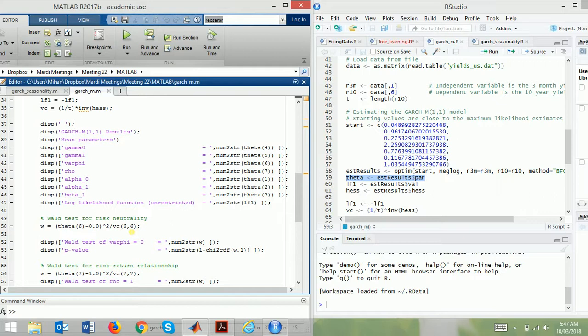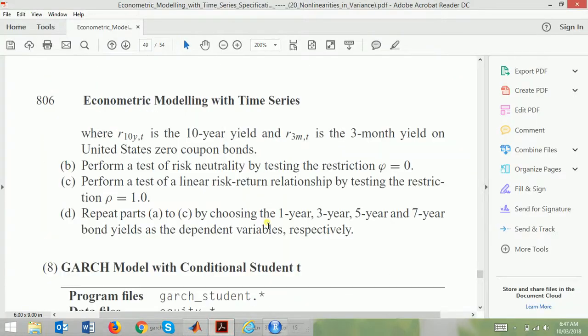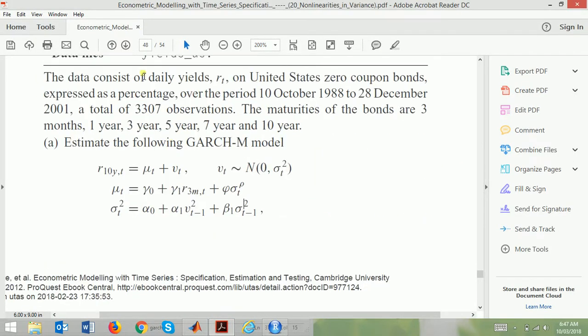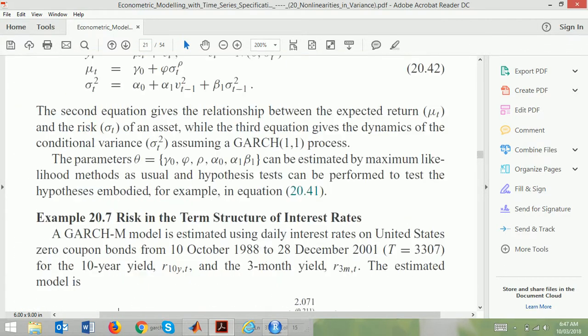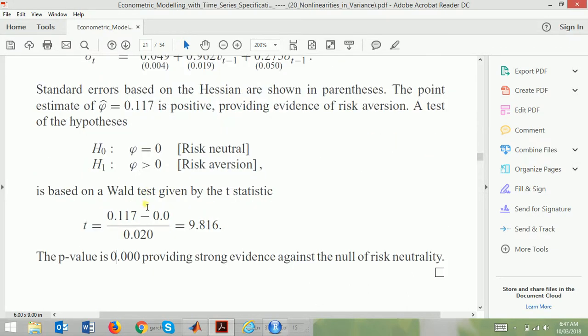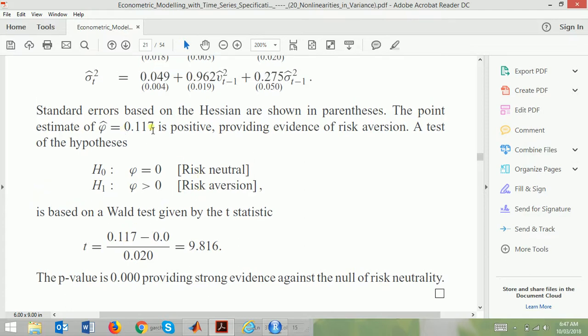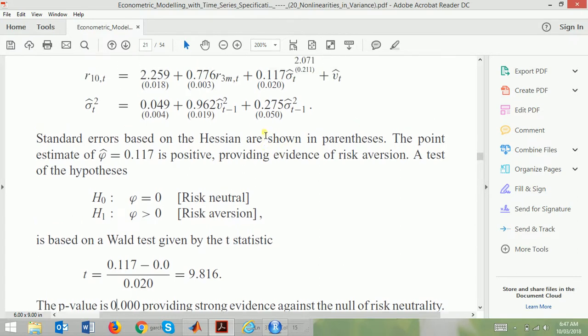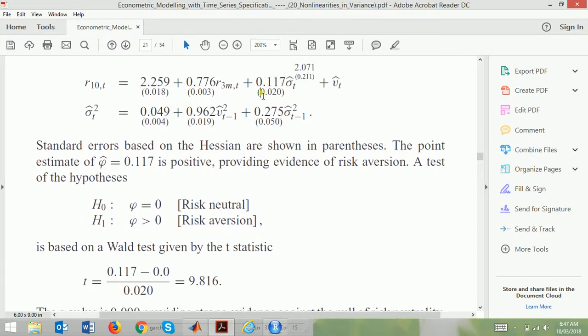So theta 6 minus 0 squared divided by variance covariance 66. This Wald test comes from the regular Wald test equation. The Wald test is given by our epsilon value minus 0 divided by 0.20, which is the epsilon's standard error.